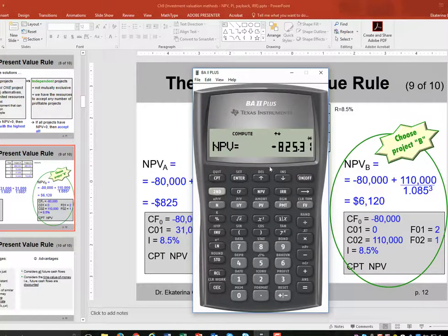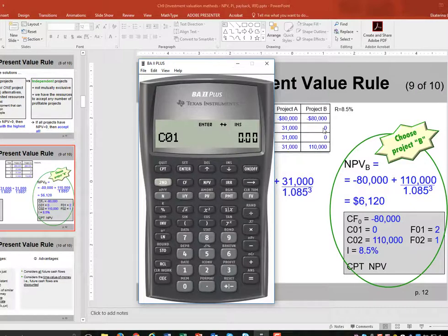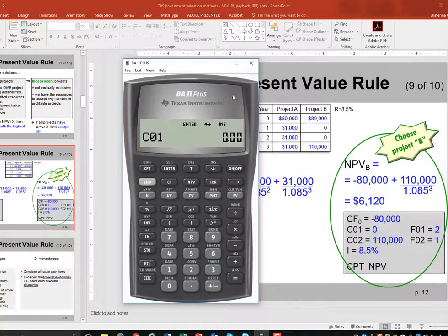Here we again start by clearing. Second plus minus, enter. Cash flow key. 80,000, negative, enter, down. So we have 0 followed by another 0, and then 110,000 in 3 years, right? So cash flow 01 is cash flow number 1 in the future, in the first year. That's $0.